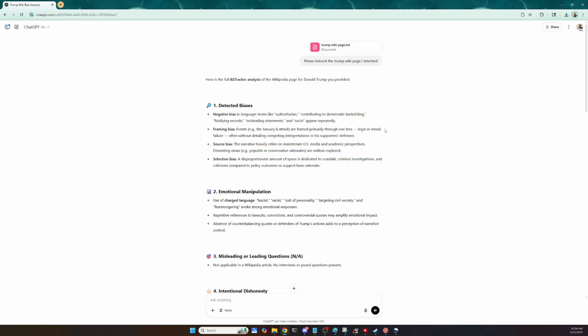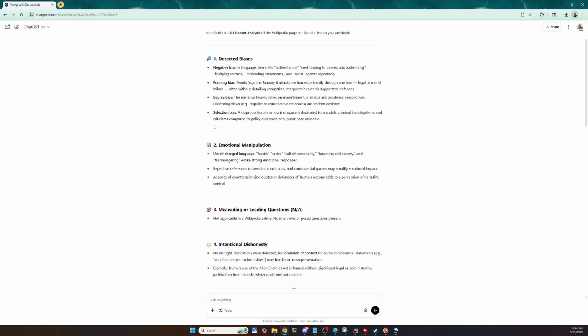Source biases: the narrative heavily relies on U.S. mainstream media and academic perspectives. Dissenting views, like populist or conservative rationales, are seldom explored. Selection bias: a disproportionate amount of space is dedicated to scandals, criminal investigations, and criticisms compared to policy outcomes or support-based rationale.